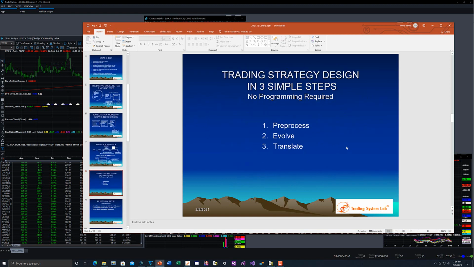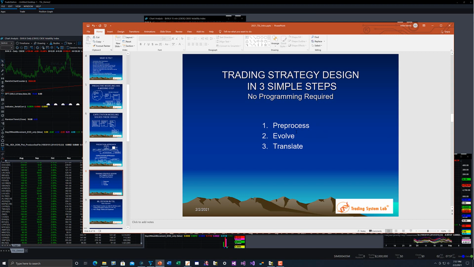So the three steps that we go through to design a trading strategy in Trading System Lab are: step number 1, we pre-process the data, extracting out a lot of relevant components: z-squared, normalized min-max, differences, ratios, etc., volatility measures.